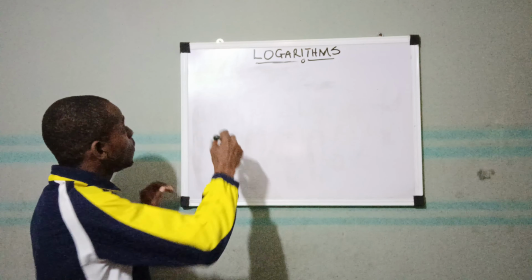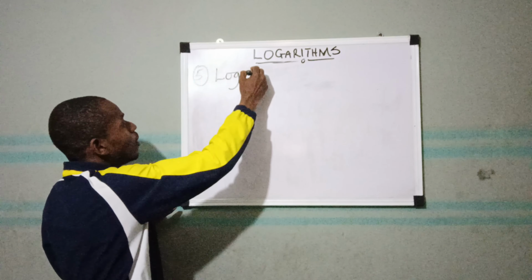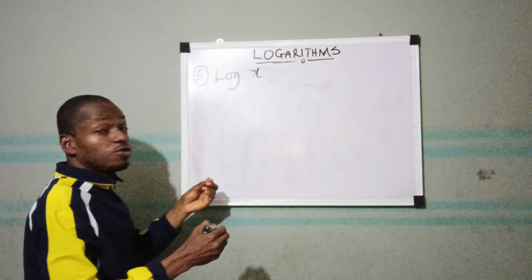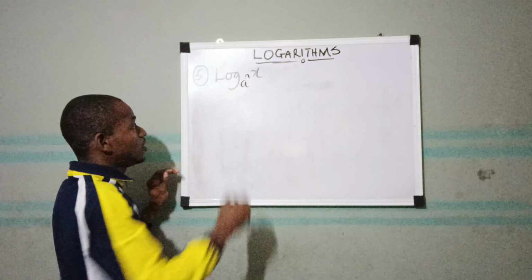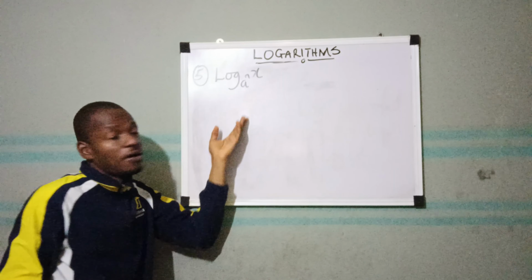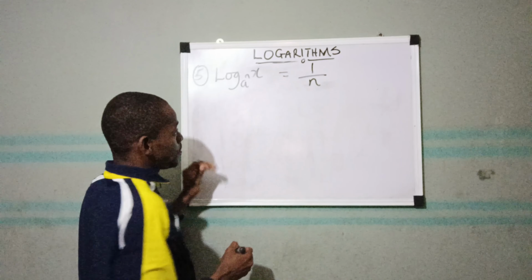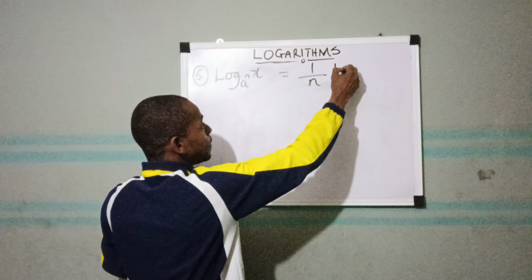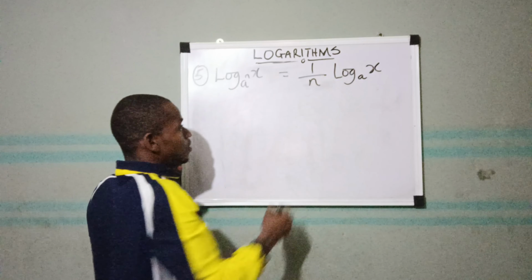All right, the fifth one: if you have logarithm of x to the base a raised to the power of n, that's log x to the base a raised to the power of n, it is the same thing as 1 over n log x base a.